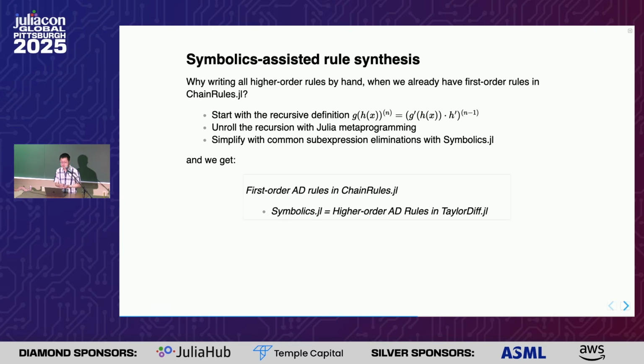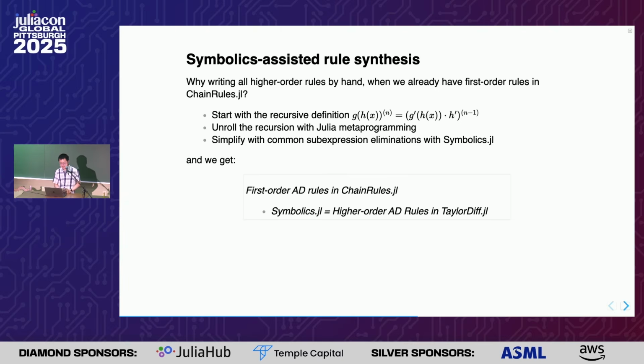I'm not sure if Enzyme uses that as well, but okay, Enzyme maybe not. But anyway, if we can find a way to automatically make use of these rules in a higher order context, then it will be very easy for library authors to maintain the rules.